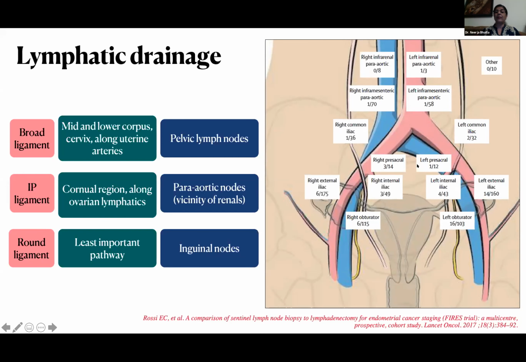You could still miss these in a total lymphadenectomy as well. And you must also see that it is above the IMA that you will get them, so you have to go all the way up.